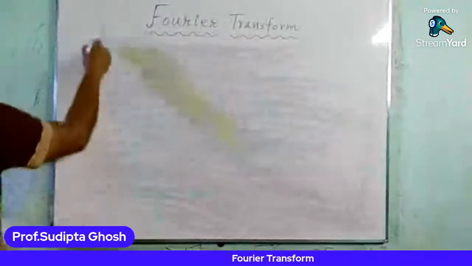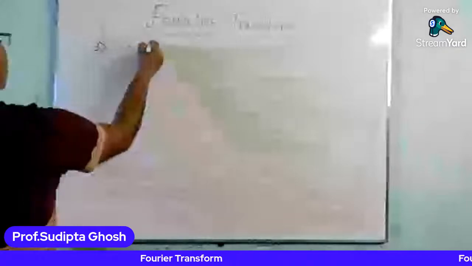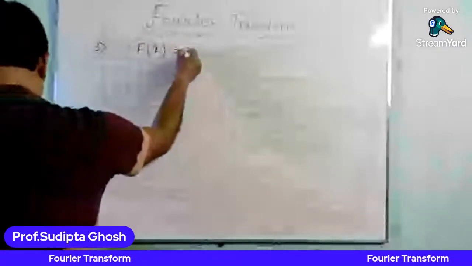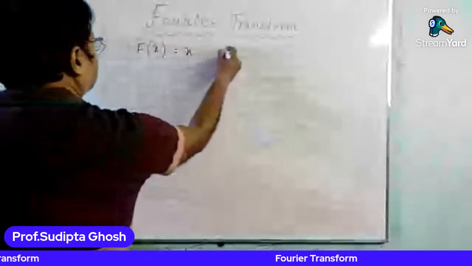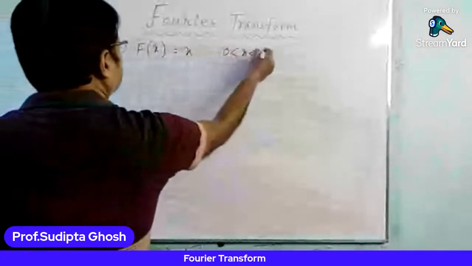Find the Fourier sine transformation of f(x) equals x such that 0 less than x less than 2.